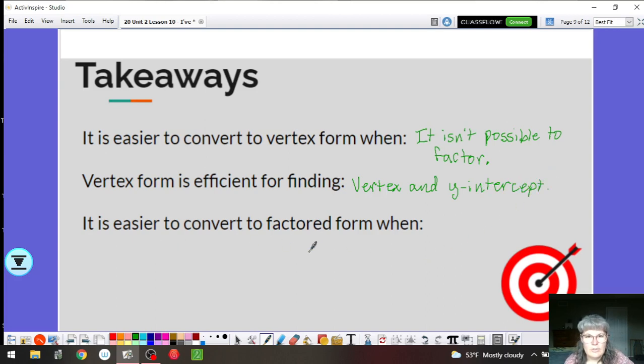It is easier to convert to factored form when you have standard form, I should say, and you can complete an area model.